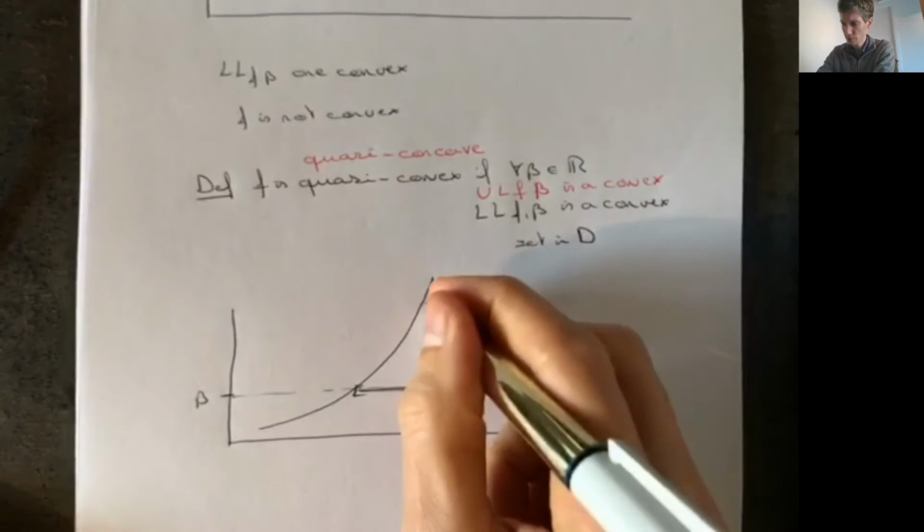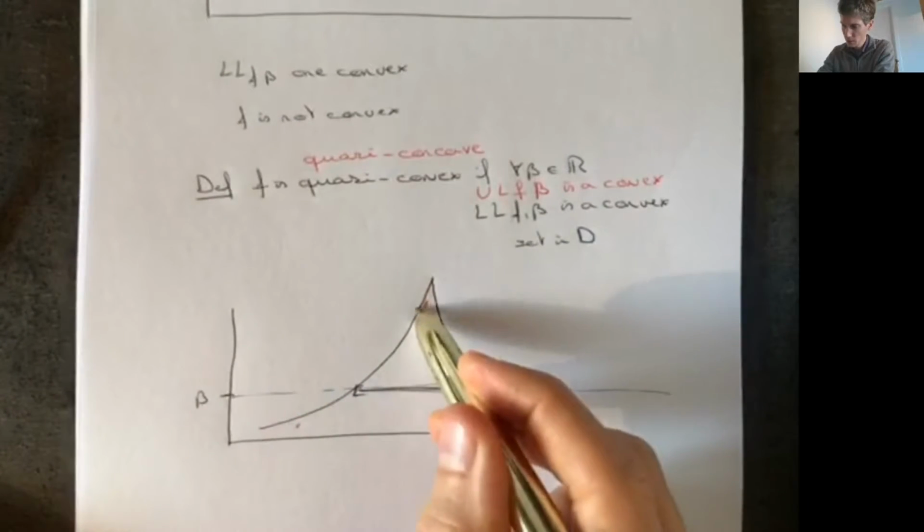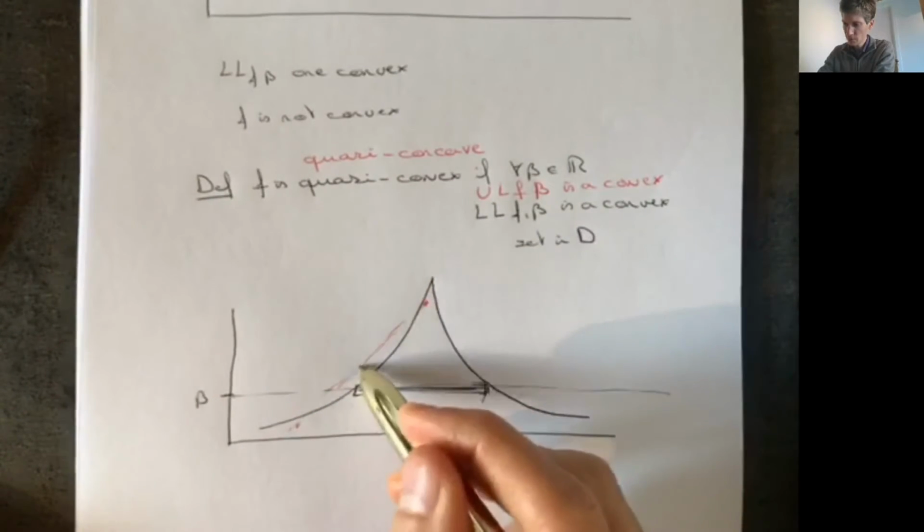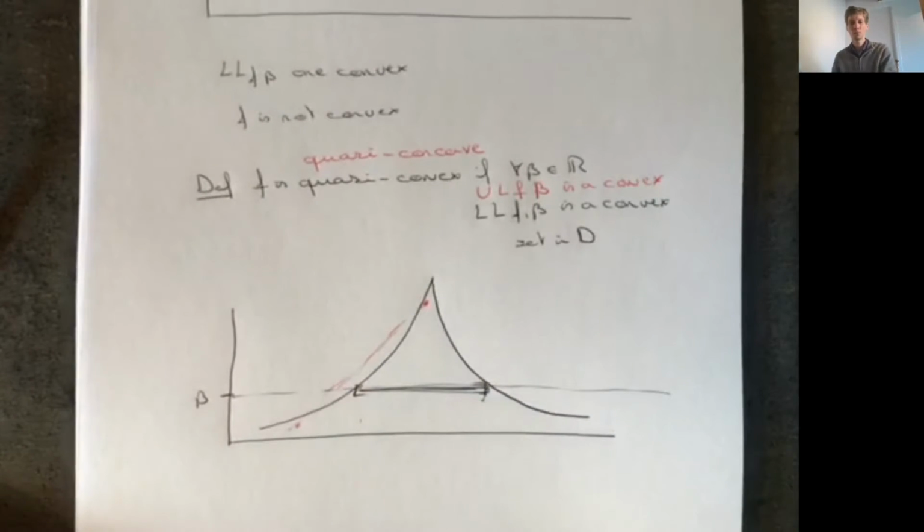However, it's not concave because I can take 2 points, for example, the point here and the point here, and then there are things on this line segment which are not in the hypograph, right? They're not below the function.